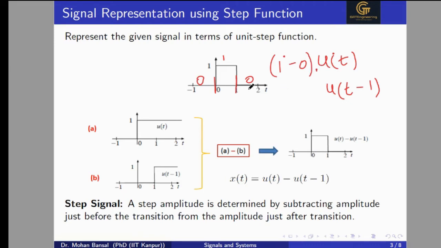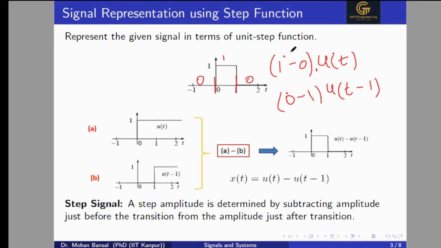Similarly, we check the amplitude for t equal to 1 because we have another transition there. The amplitude just before the transition is 1 and just after the transition is 0. So we subtract 1 from 0.